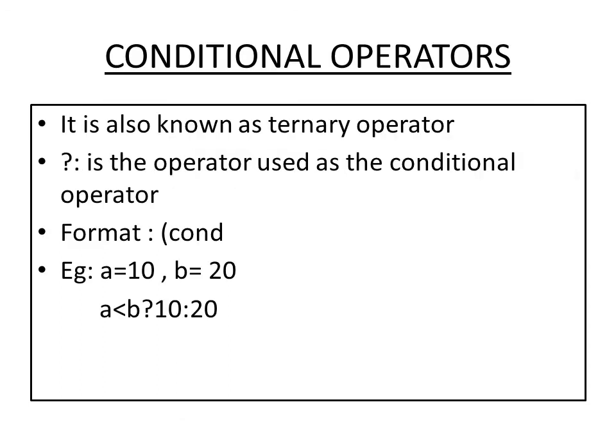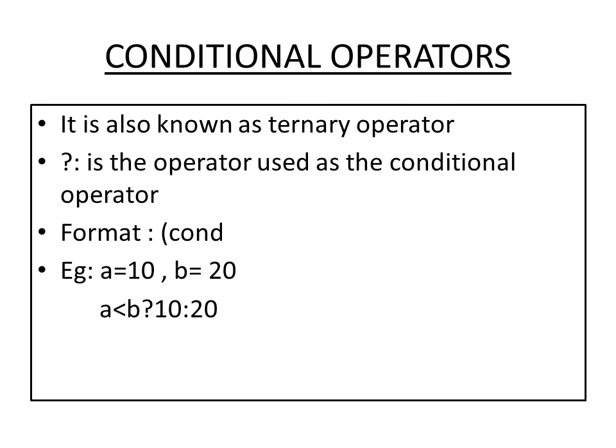Next is conditional operators. This is a ternary operator. Here the operator is used as a conditional operator. The format is, sorry guys, it's quite incomplete, but I'll tell you. It's condition, question mark, result 1, colon, result 2.